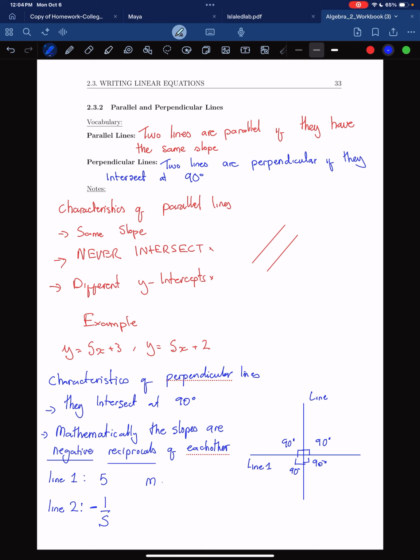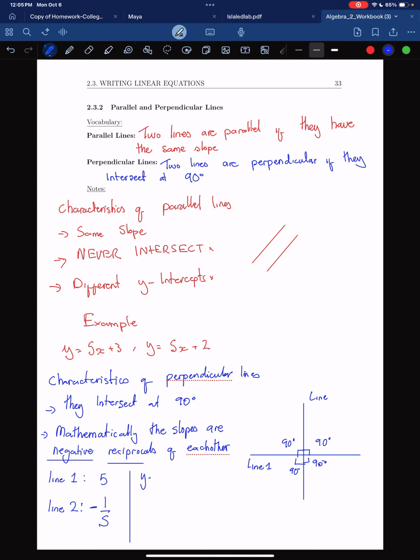So two lines are perpendicular. Let me write this in point slope form. Perpendicular lines will follow this format.